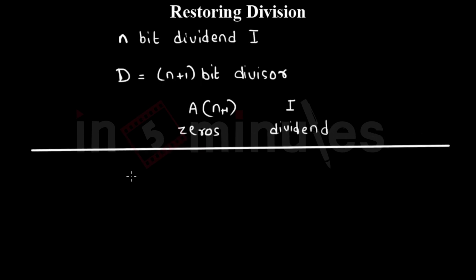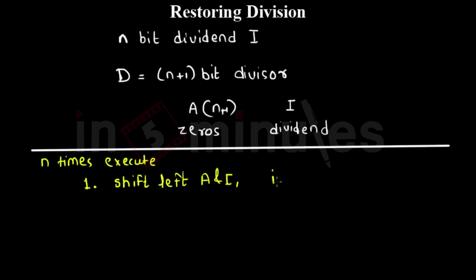Now let's talk about how in each step the operations are performed. You have to execute the following steps n times. First, shift left A and I, with I0 unassigned in this step.